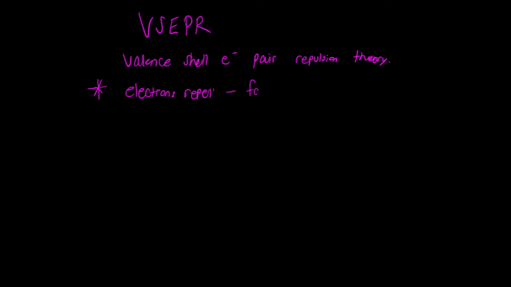So this is valence shell electron pair repulsion theory, and it's just one theory, and it basically states that electrons repel. Okay. They like to be as far apart as possible. And that's why molecules have different shapes or geometries.